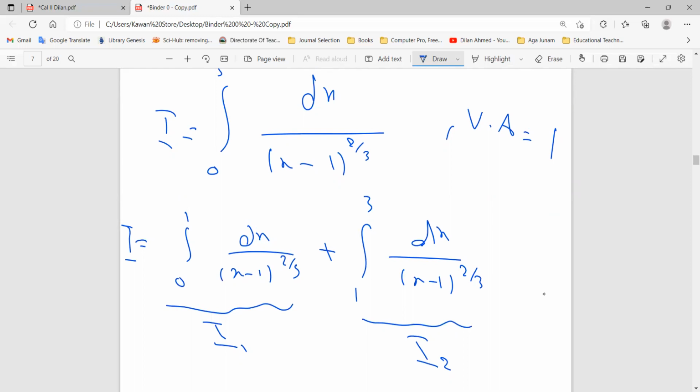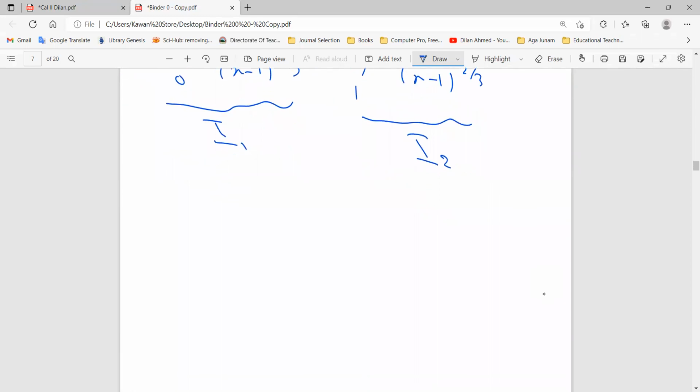Do you think it's hard? Do you think you can also solve that one, from 0 to 1 of (x minus 1) to the power 2/3? So we solve that one.